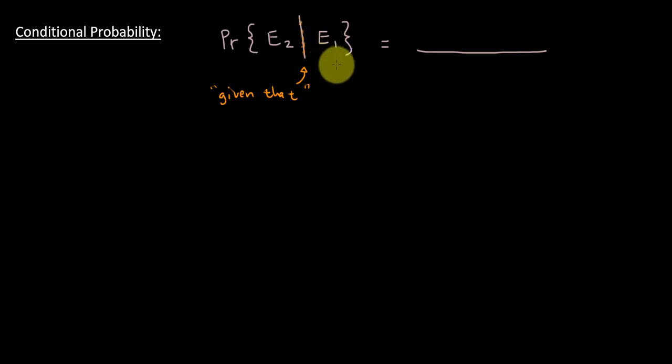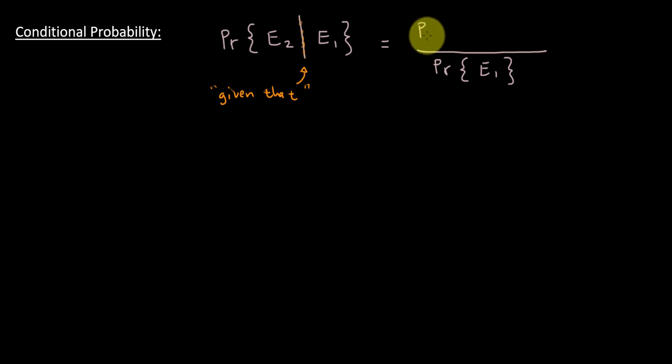well, since E1 has occurred, we need to limit our perspective or our sample space to that of E1. So we're only considering that this event has occurred. That was like the diamond. Now that this has occurred, the main event of interest here is E2.